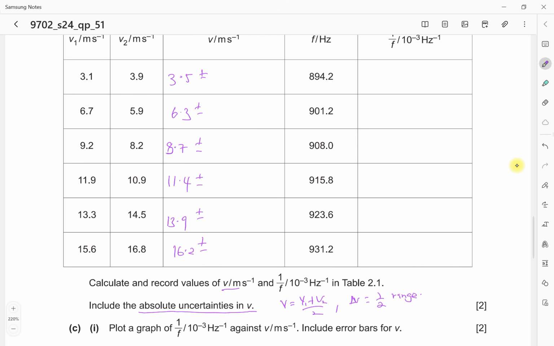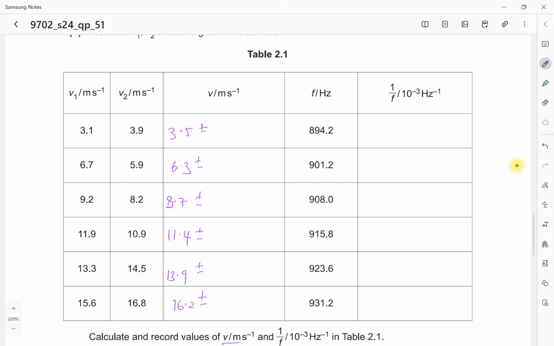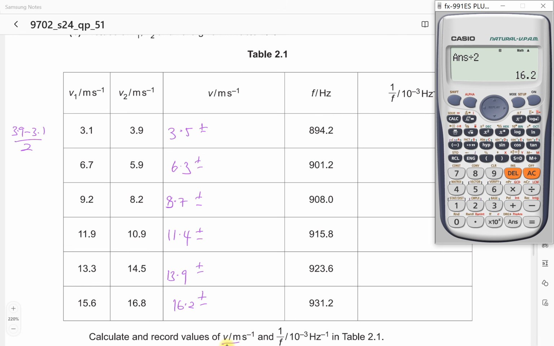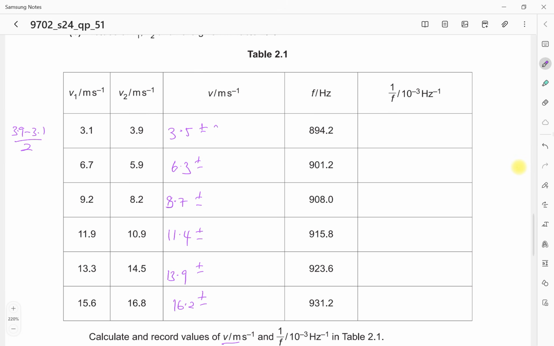For example, for the first one, the absolute uncertainty is 3.9 minus 3.1, that is the range, divided by 2, which is 0.4. So plus or minus 0.4.